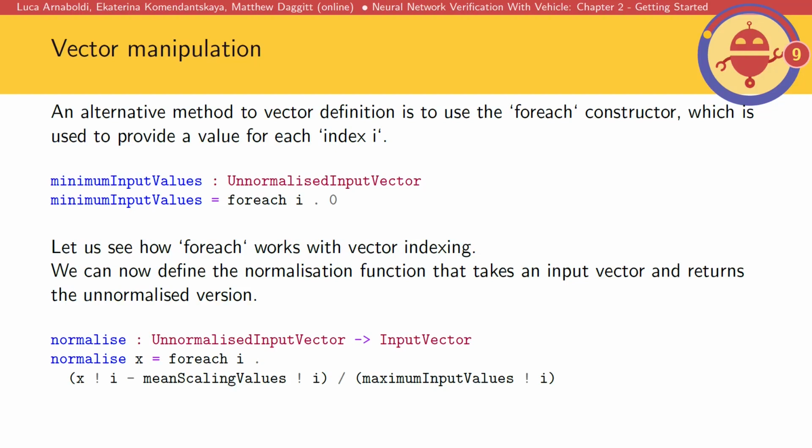And then it says, well, for each index in that vector, so this is vector indexing, please do this. When you fetch this element of the vector, subtract from it the value that you fetch from the vector called mean scaling values at the same position, and then divide everything by the value you fetch from this vector, taken for the same position. And that's how you form a new vector that has normalized values.